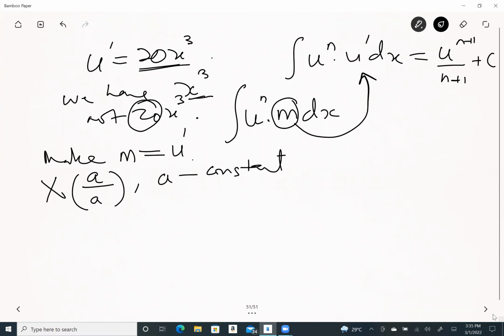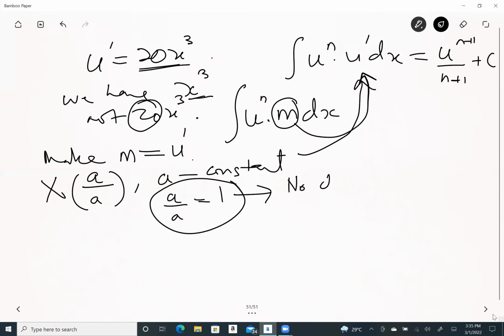Then you can make m into u prime. Now a over a is equal to 1, so when you multiply by a over a, you don't change the function. There is no change in f of x because you multiply by 1.